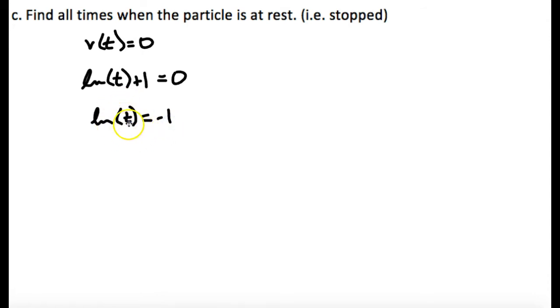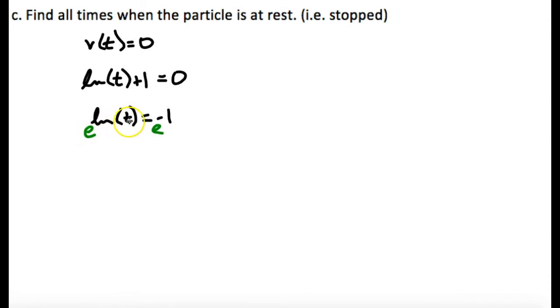Now, to get t outside of the natural log, what we do, remember, is raise both sides to a power of whatever the base is. So the base is e. So I'm going to raise both sides to a power with a base of e.